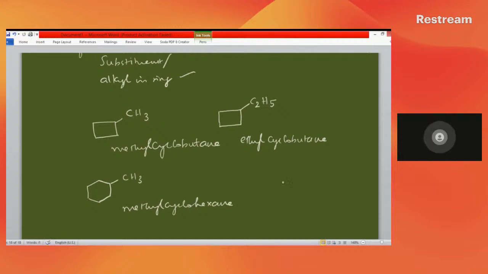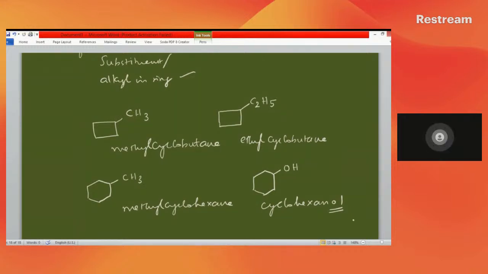And likewise, if you find a ring structure in which there is a functional group OH, cyclohexane, in which the last letter E is to be replaced by OL, so it becomes cyclohexanol, an aliphatic ring type alcohol.